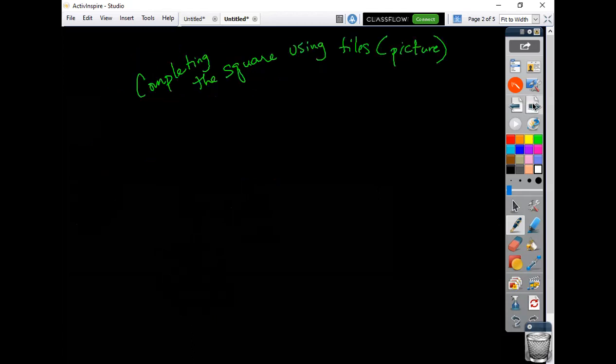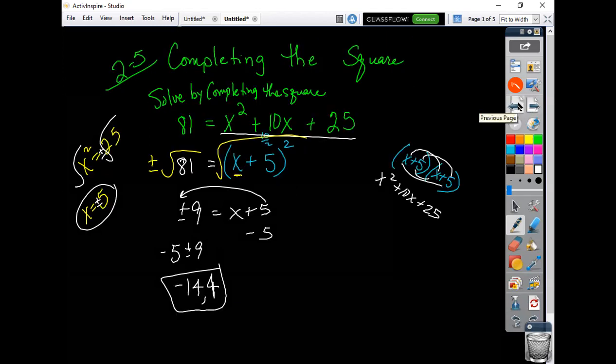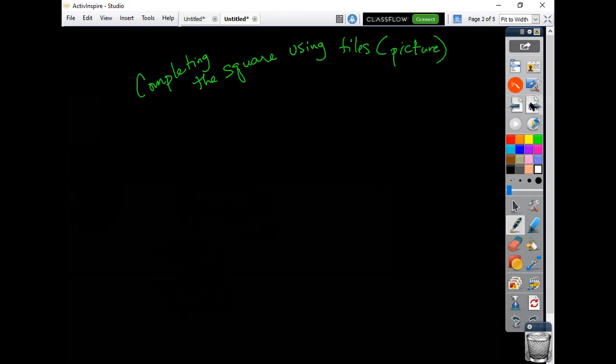Well, if we look at doing it in pictures, so if I take that last problem, the x squared plus 10x plus 25, if you've never worked with tiles, you might be just as well off just memorizing the way this works. However, if you've done tiles ever, they're based on the area of the tile.